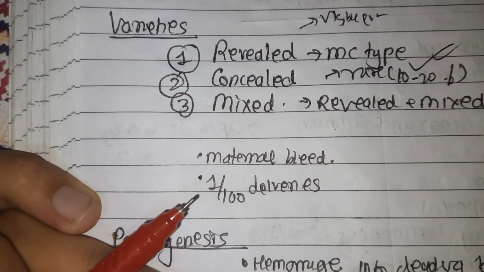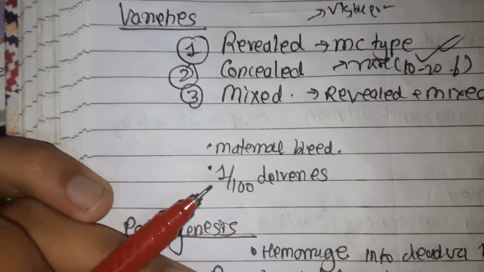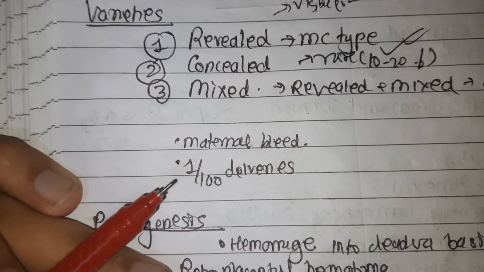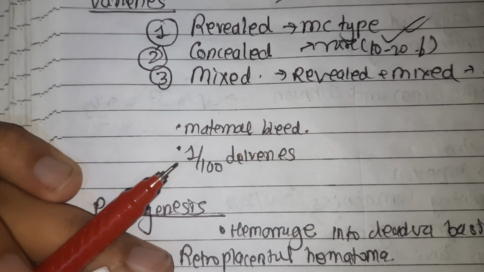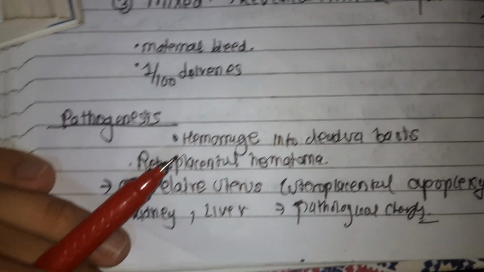It constitutes around 2 to 5% of maternal mortality, and perinatal mortality 10 to 15%. Abruptio placenta contributes nearly 30% of all antepartum hemorrhage cases, and the majority occur in the third trimester of pregnancy.